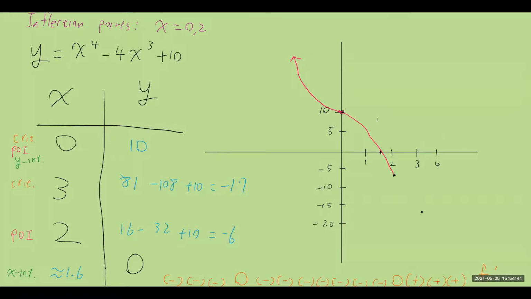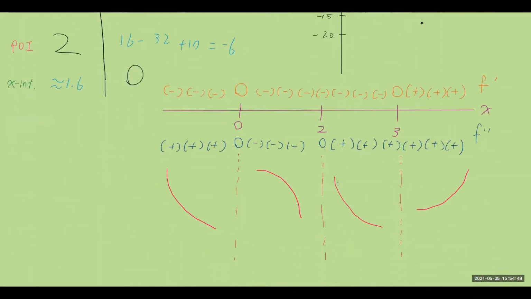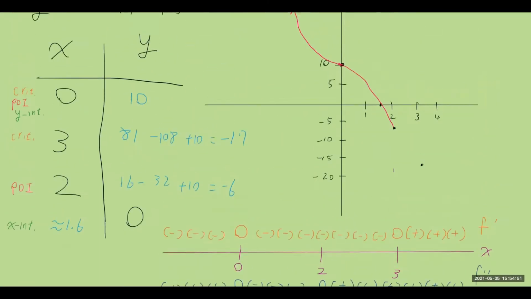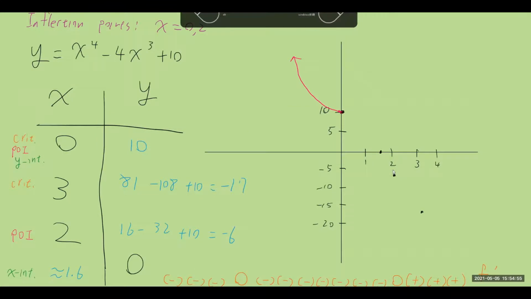There you go. At x equal to 2, that's a point of inflection. So from here, it's going to change concavity between 2 and 3. It's decreasing concave up, so we're going to start doing concave up.